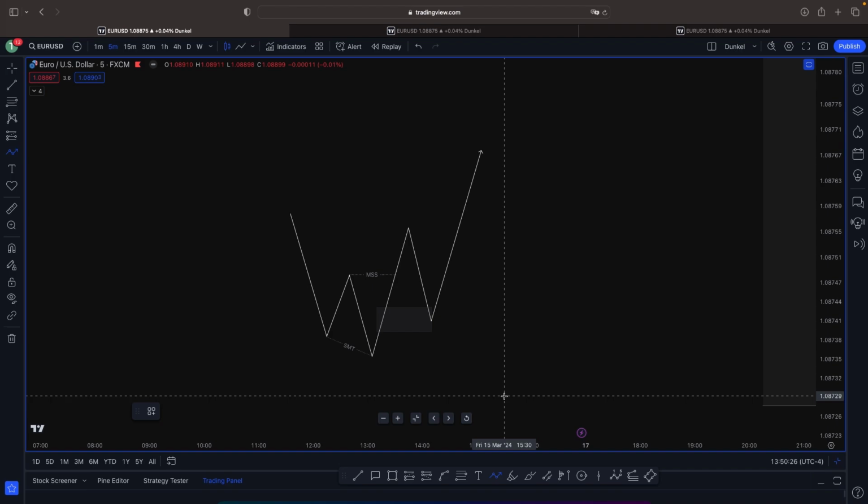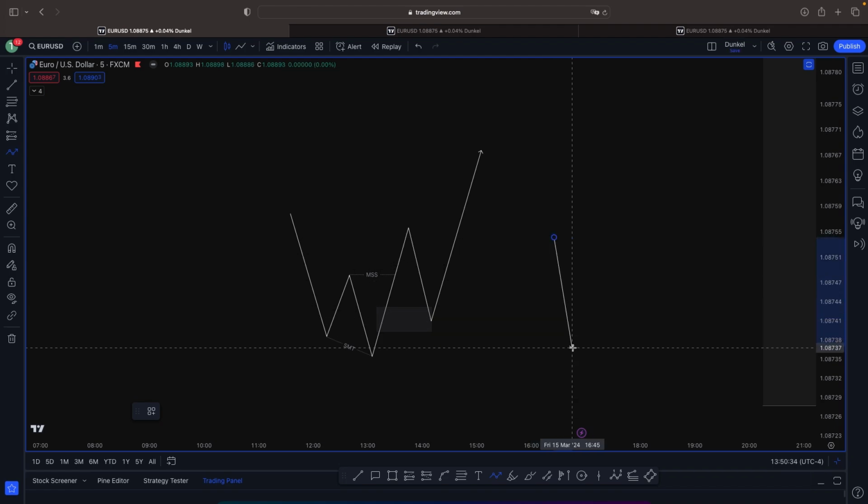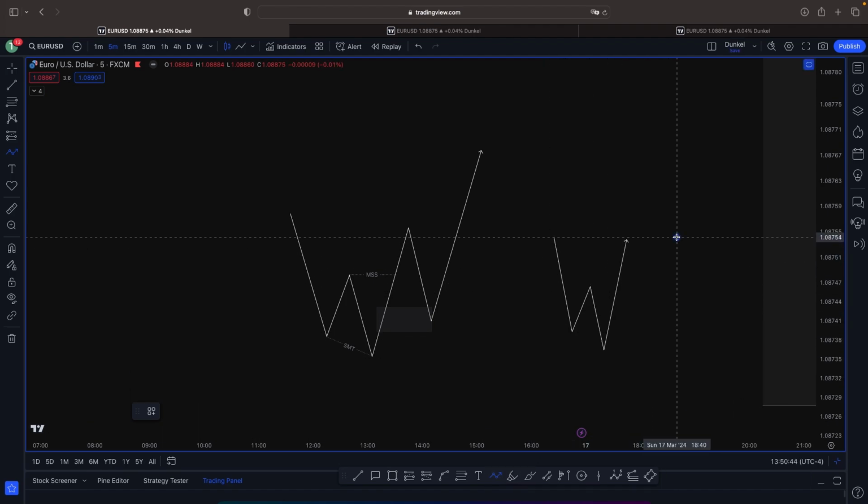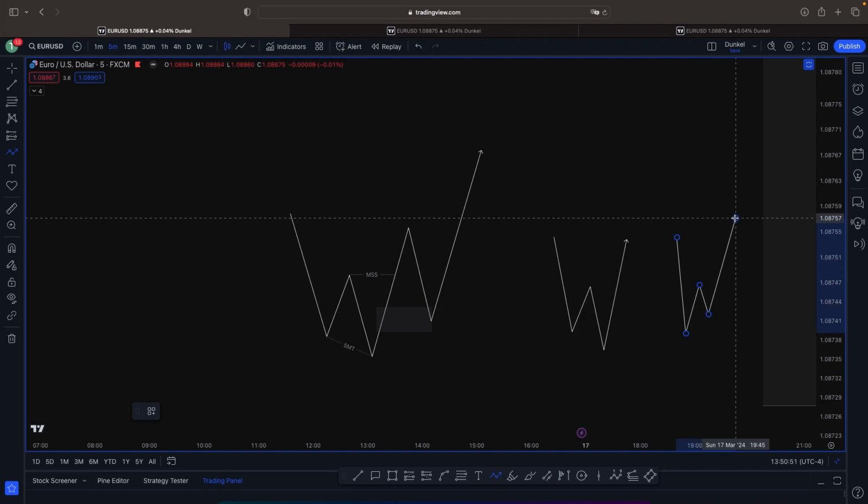And if we get an SMT, they move out of sync. So if, let's say, Euro USD creates a lower low and moves higher, then GBP USD creates a higher low and also moves higher.